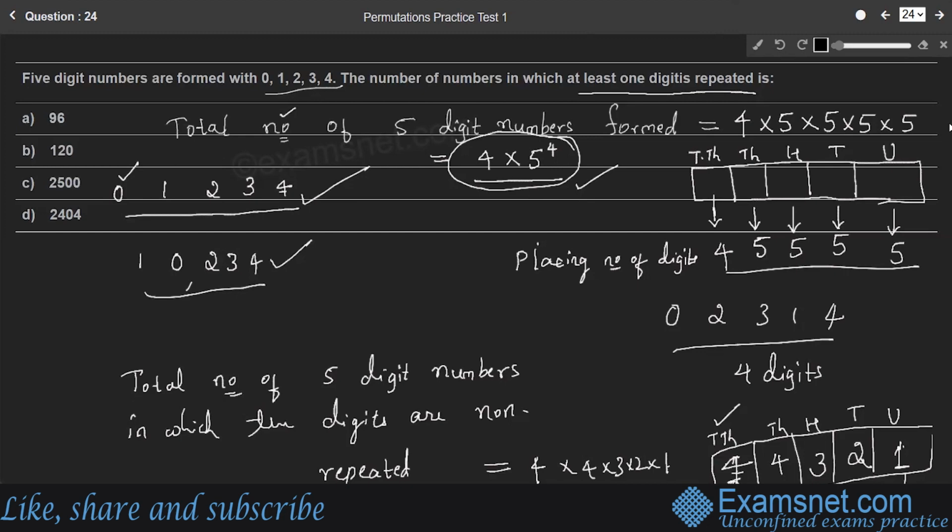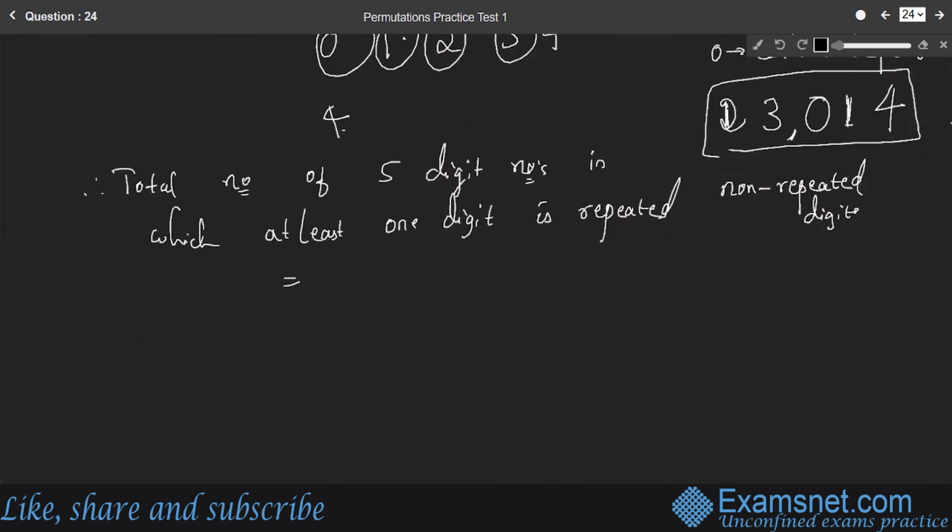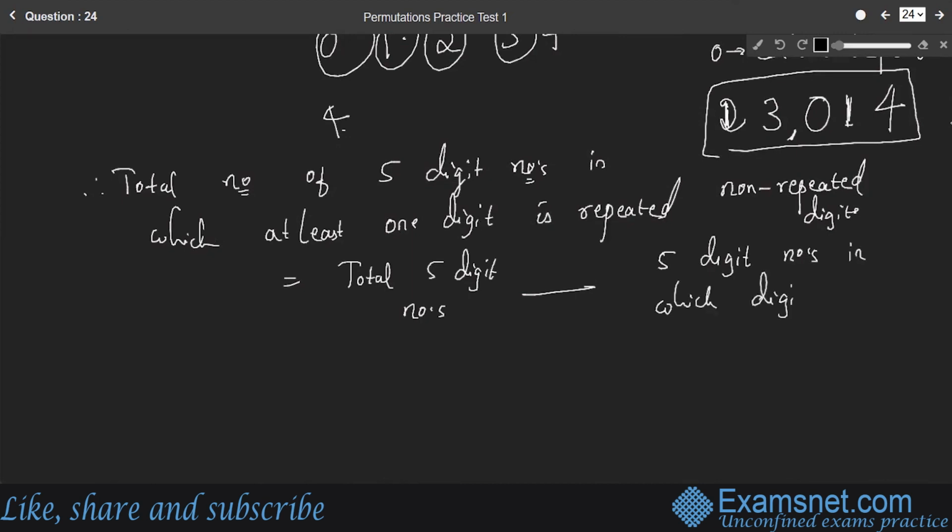Therefore, it is the total number of 5-digit numbers formed minus the 5-digit numbers in which digits are non-repeated.